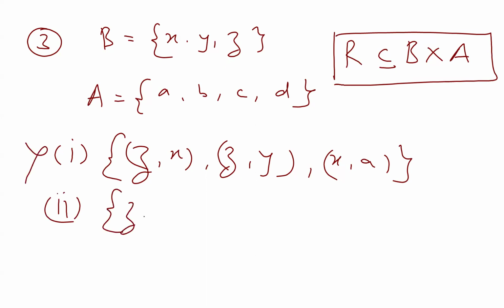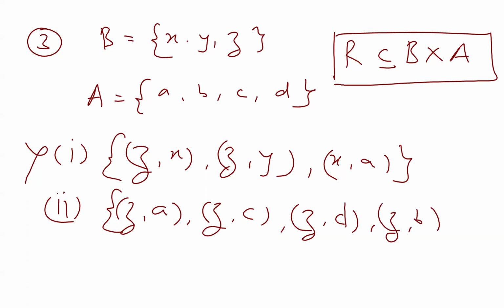Then let us take the second example. Z comma A, Z comma C, Z comma D. ZA, ZB. I forgot ZB, that also I'm writing. Now ZA, ZB, ZC, ZD.